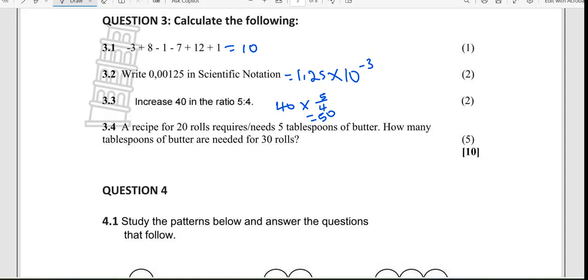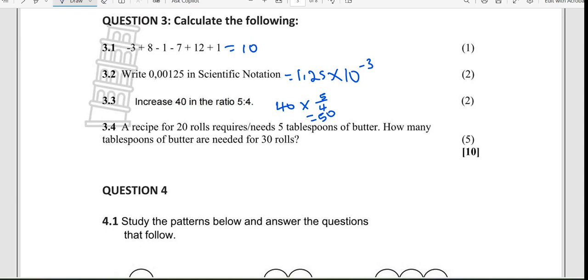So here 10 rolls is going to be 5 divided by 2, which is 2,5, like 10 plus 10 plus 10, and therefore 2,5 plus 2,5 plus 2,5.